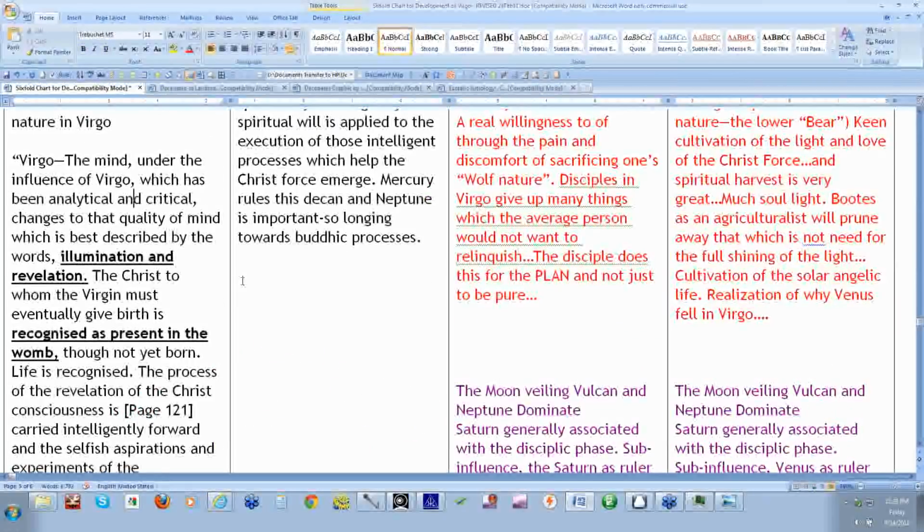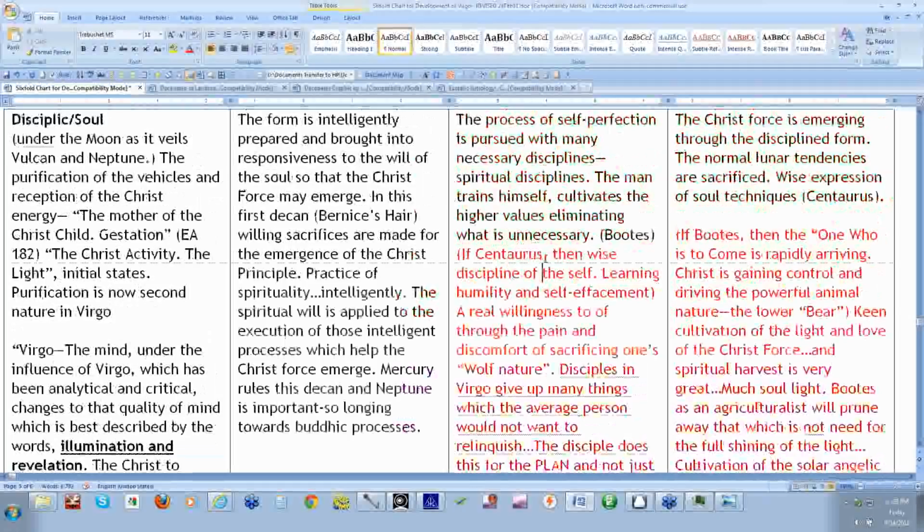Now, when we move into the Saturn decanate, the processes of self-perfection. Self-perfection is pursued with many necessary disciplines, spiritual disciplines. The man trains himself and cultivates the higher values, eliminating what is unnecessary.